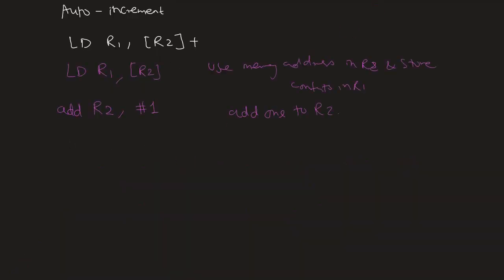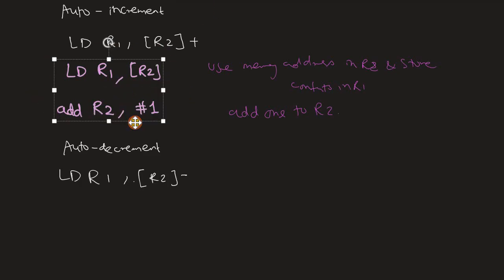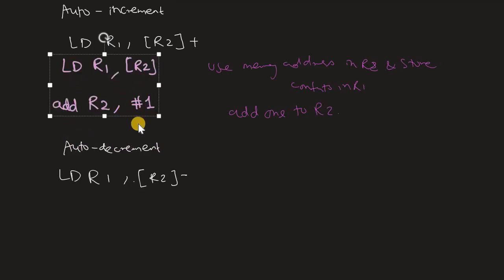Just like this, we have another case of auto decrement. Here we can have load R1 and then R2, but we have a negative sign over here. It's the same thing that we're doing, so I can copy it.